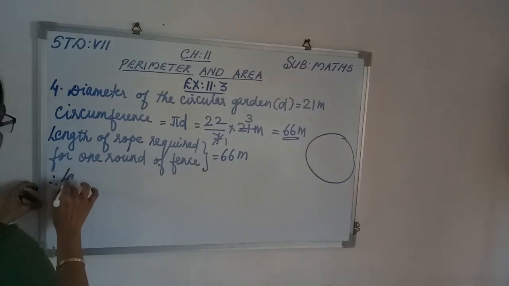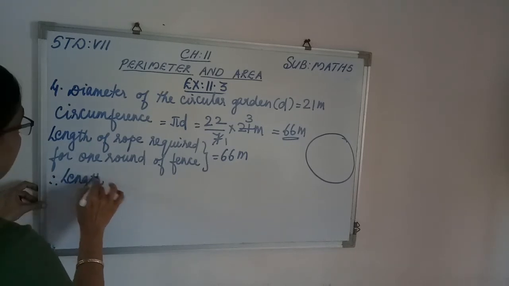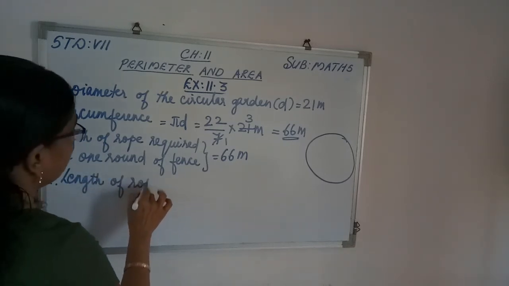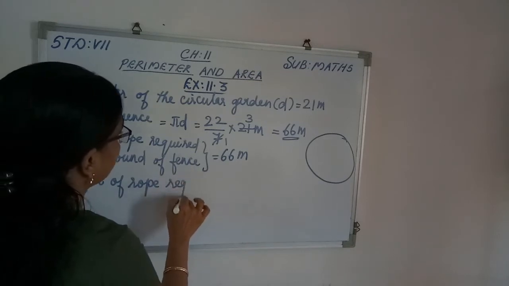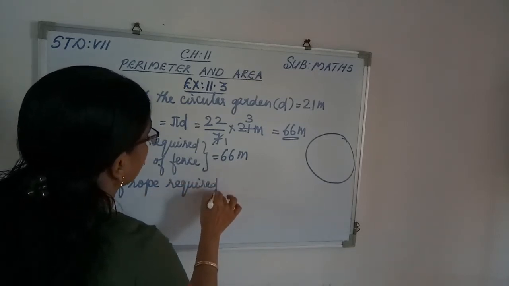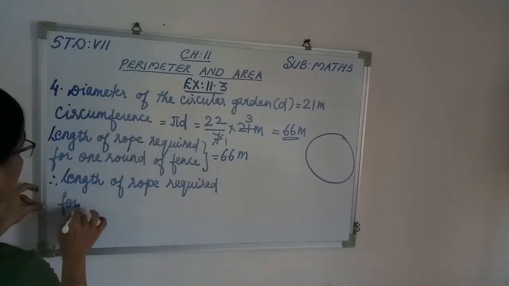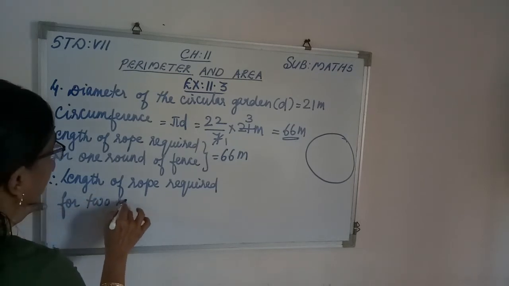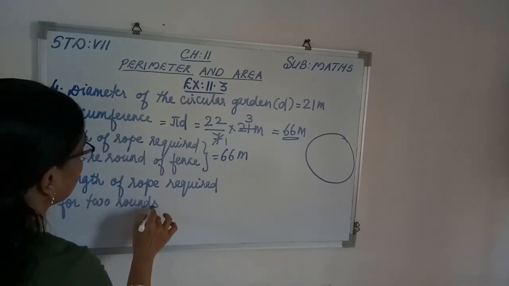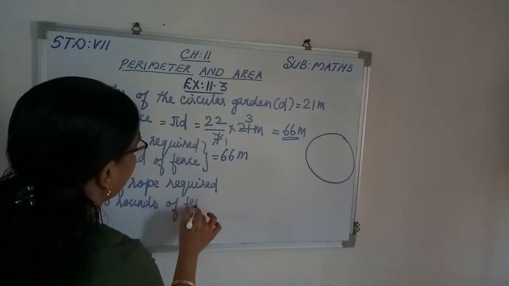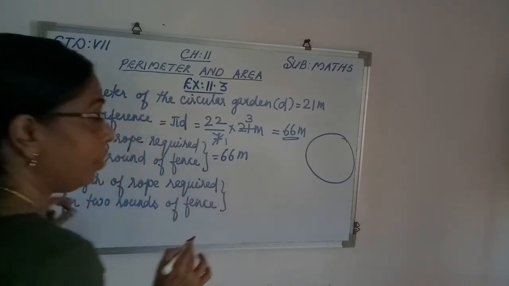Therefore, length of rope required for 2 rounds of fence, that is 2 rounds of fencing.